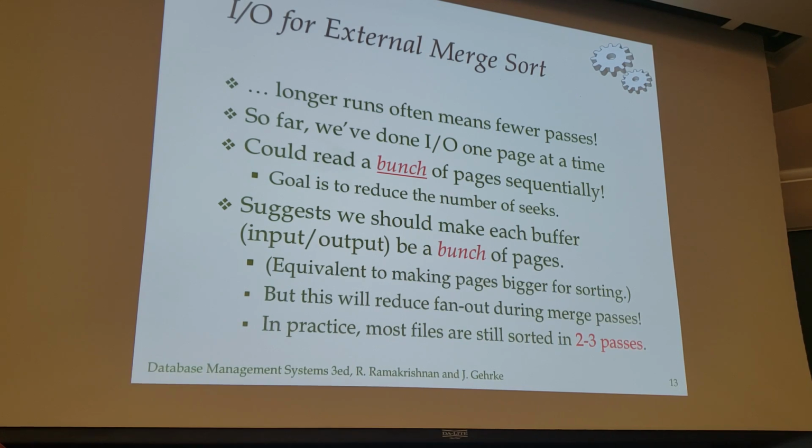If I devote half of my buffer pages to being shadows so that I don't have to wait for I or for O, then instead of log to the base B-1, I have log to the base (B-1)/2. Got the idea? So it makes the I/O better. In practice, most files can still be sorted in 2 or 3 passes.